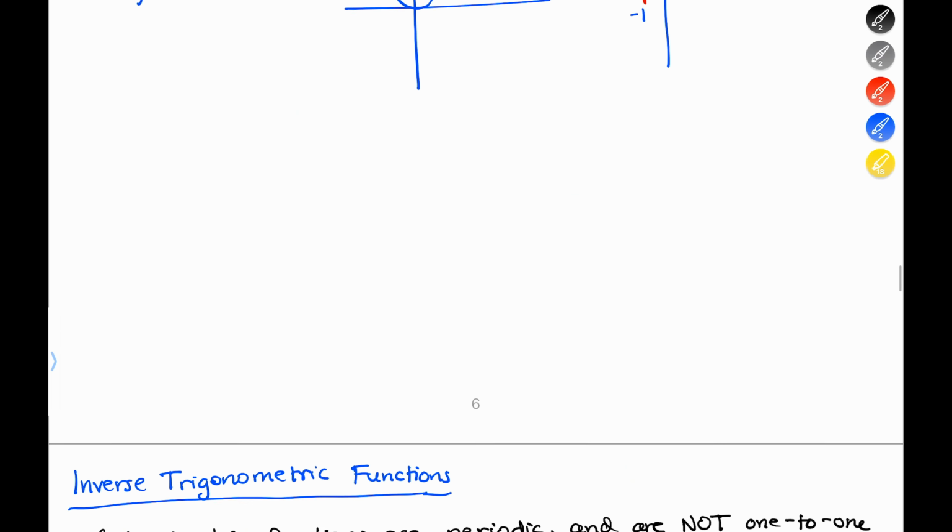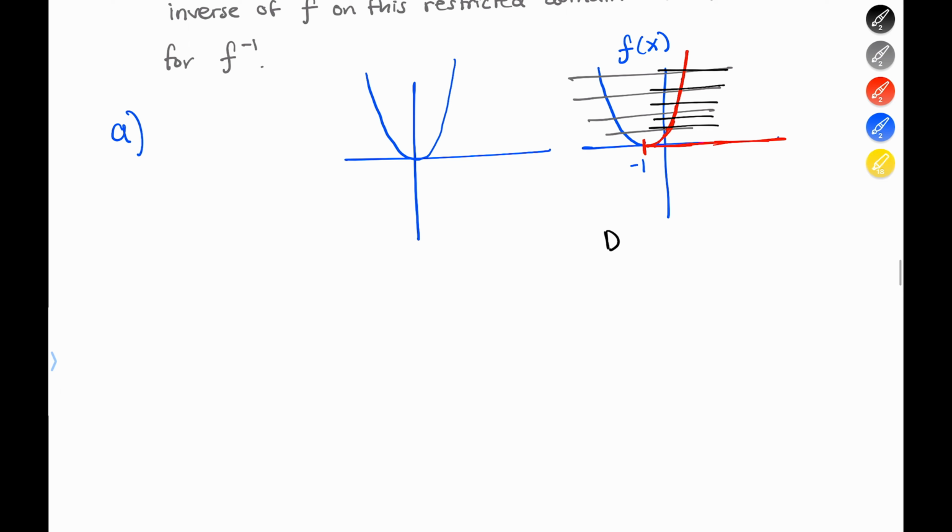So by using that logic, the domain for f of x goes from -1 to infinity, and it includes -1. And the range goes from 0, including 0, all the way up to infinity. So if we were to flip the range and the domain, that will be the domain and range for our inverse function.